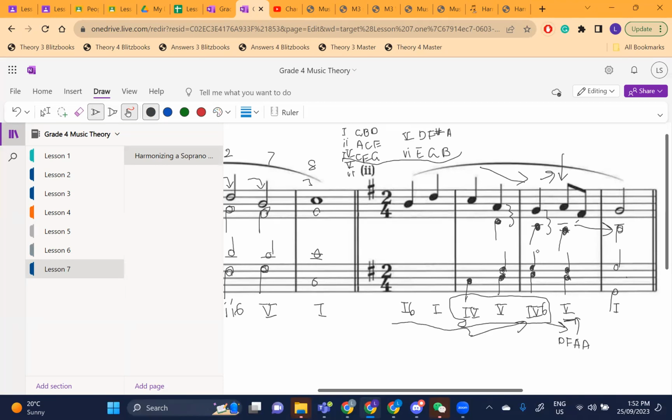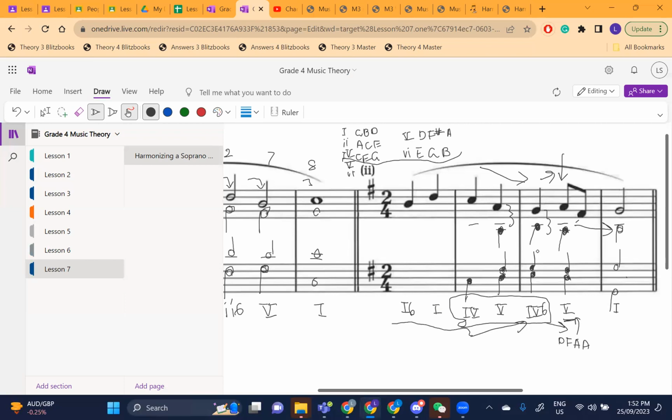Does doubling the fifth work? Is your next check. Does doubling the fifth work? Yes, it does. But you gotta be careful.